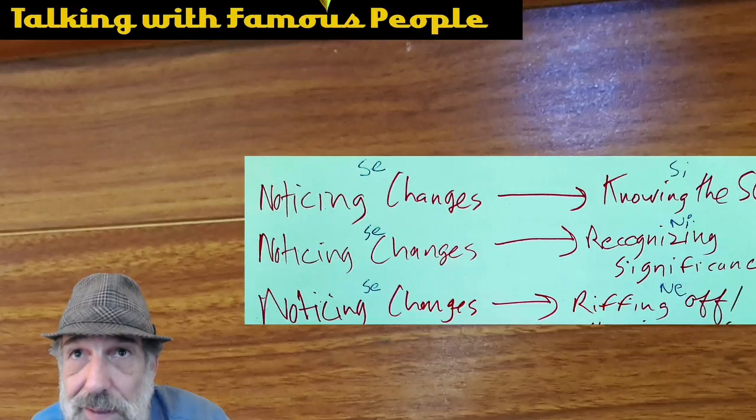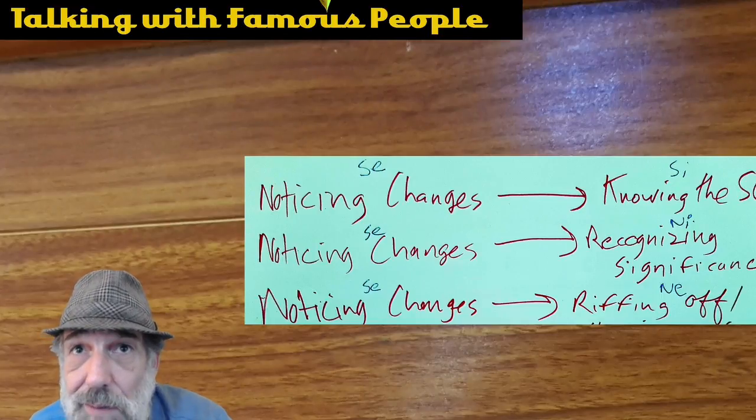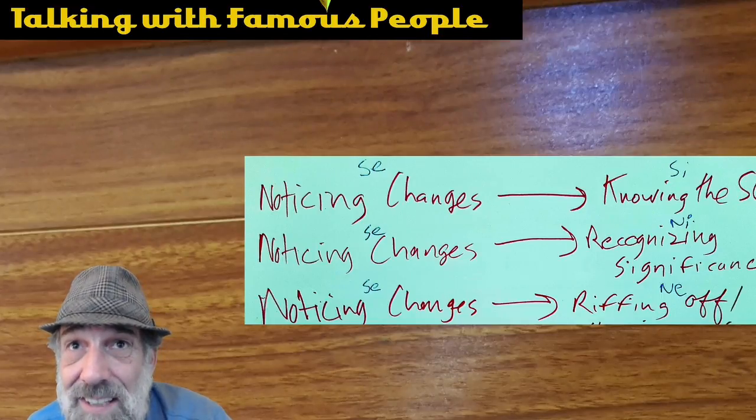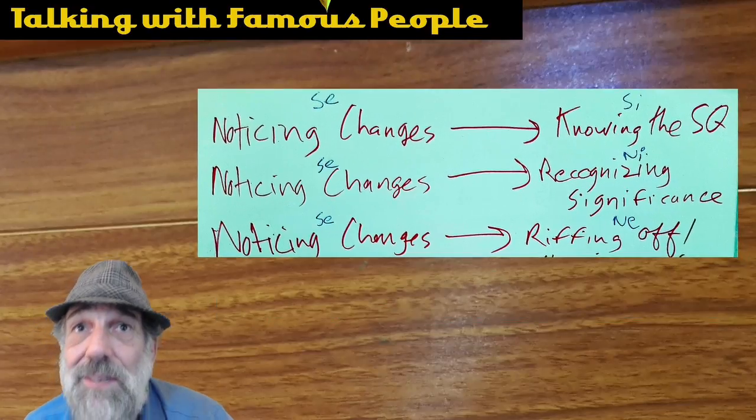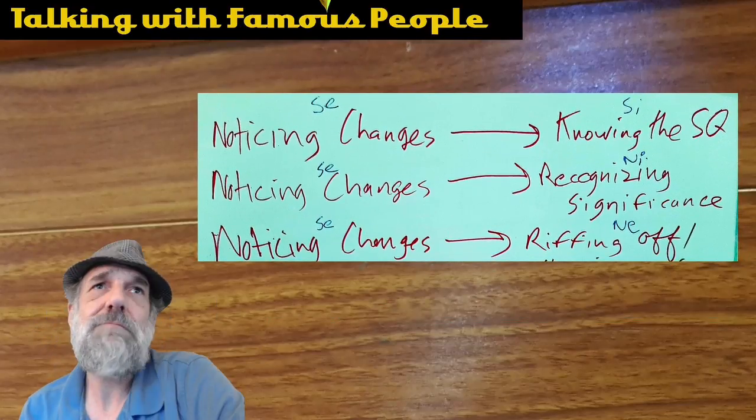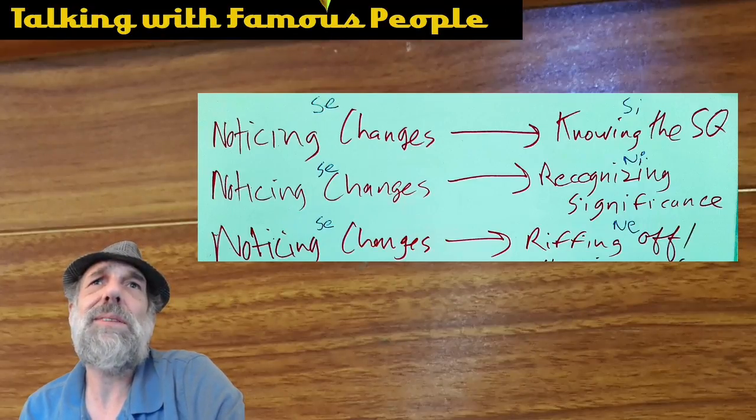On this one, noticing changes versus noticing the status quo, noticing changes versus recognizing the significance of those changes, and noticing changes versus riffing off those changes. That would be SE's relationship with SI, SE's relationship with NI, and SE's relationship with NE.